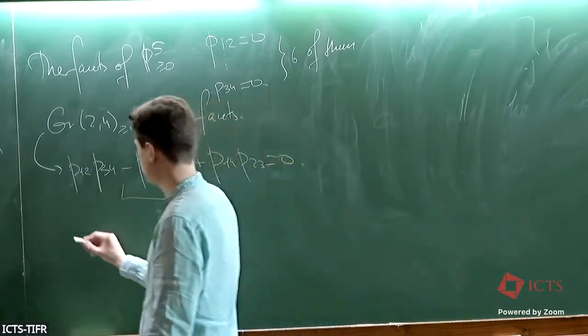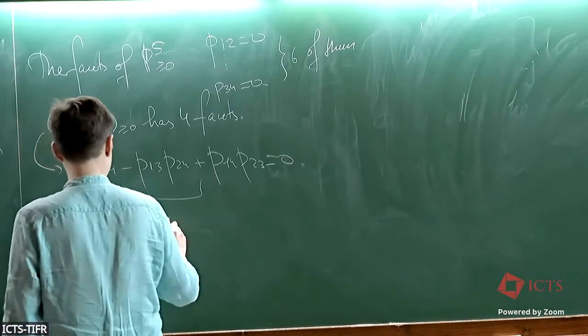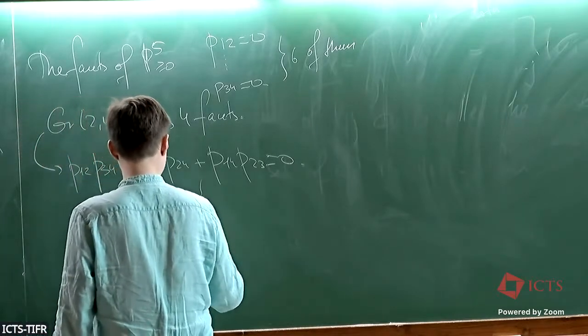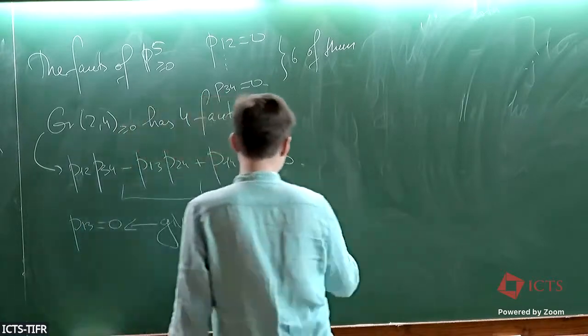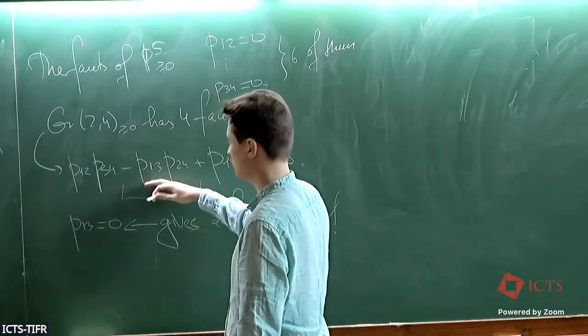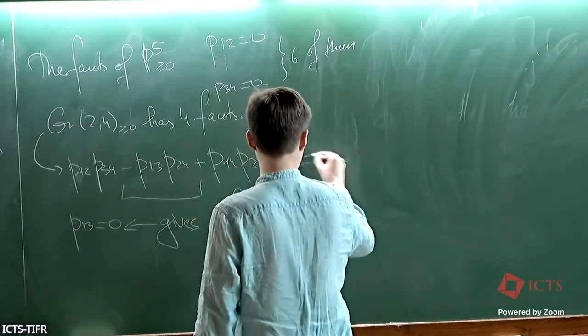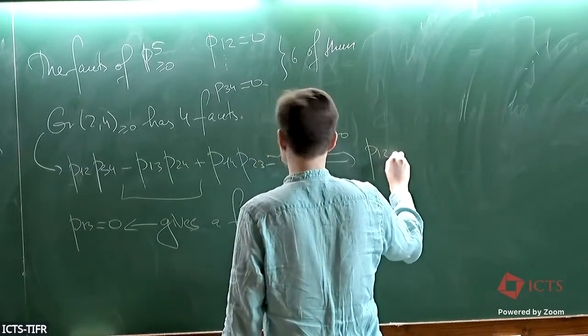So let's see if the equation P13 equals 0 gives a facet. Well, the answer is no, because suppose you set P13 to be 0. Then your Plücker relation degenerates.